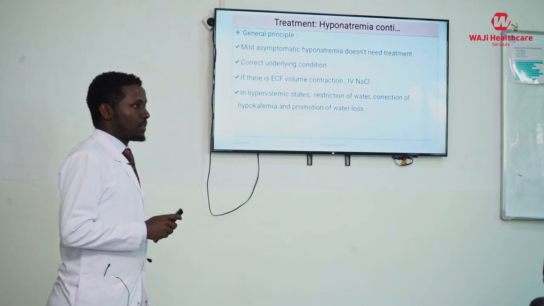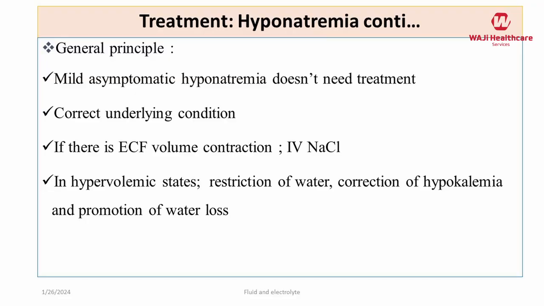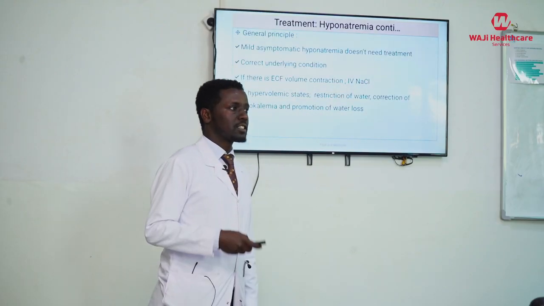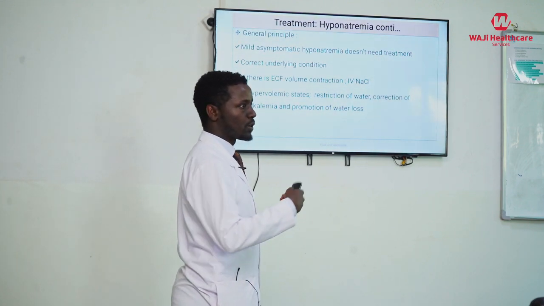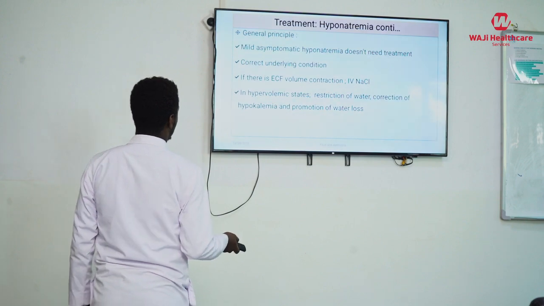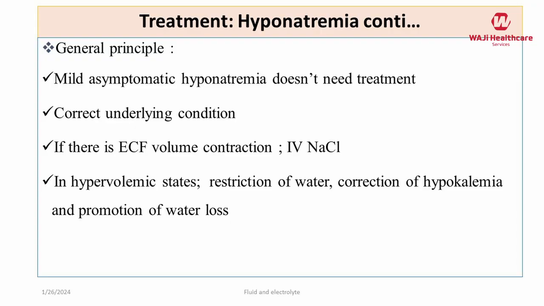In general principle of management, mild asymptomatic hyponatremia doesn't need treatment. Like 135, or 132, 130 found incidentally, that's mild with no symptoms, so it doesn't require treatment. Just treat the underlying cause or the disease.